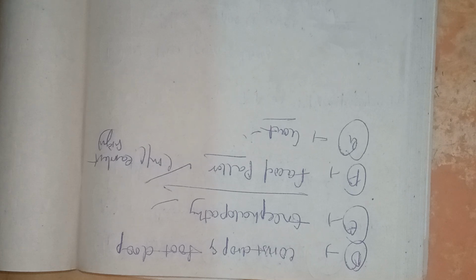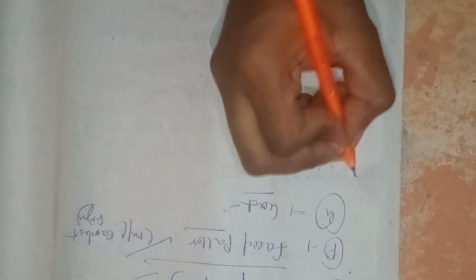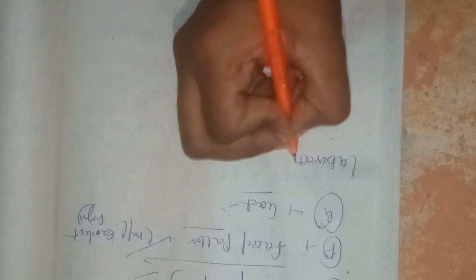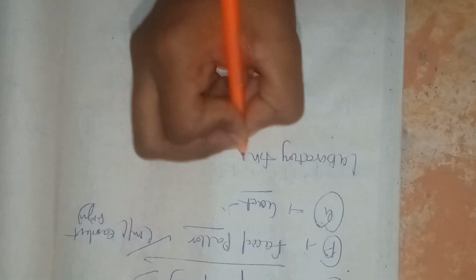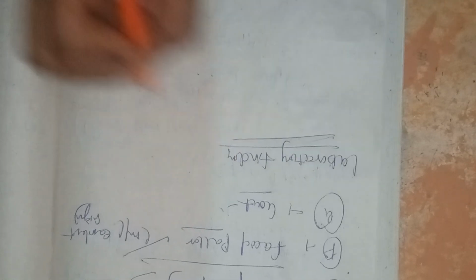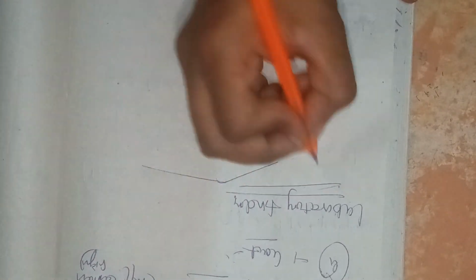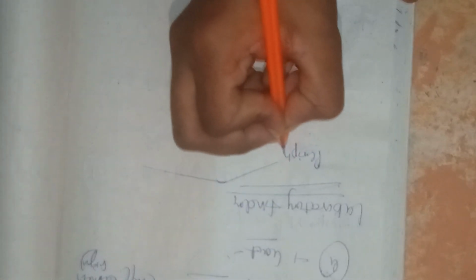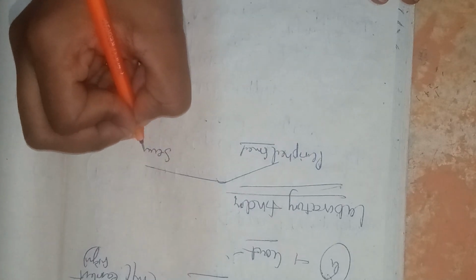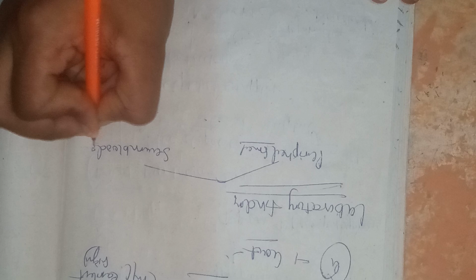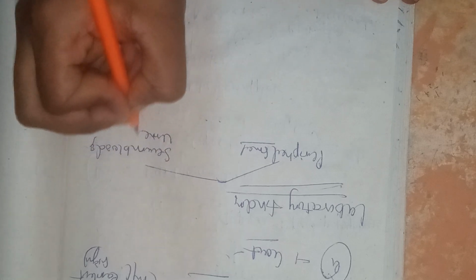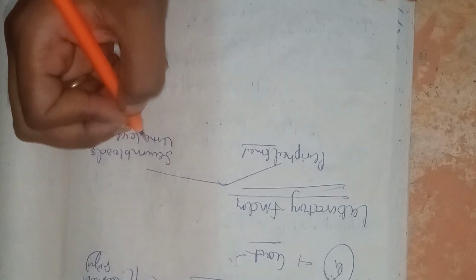Next, G means gout. After that, laboratory findings, like peripheral smear, and serum, blood, and urine levels.